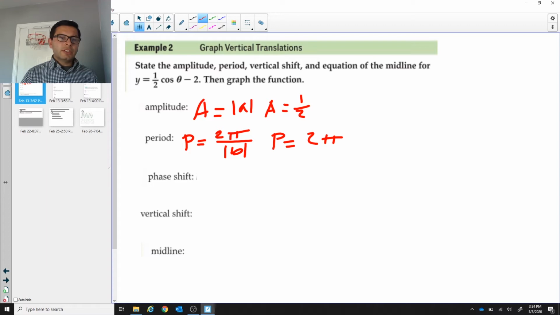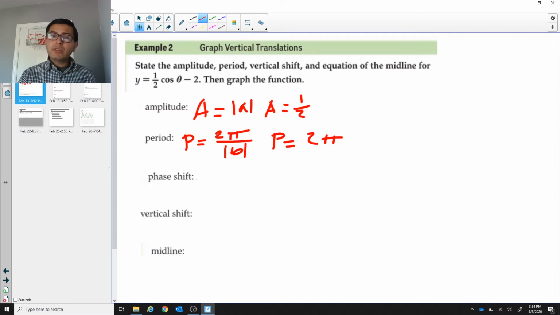Now, the phase shift is going to be based on what's happening on the inside of the cosine function. For instance, if I saw theta there, but I saw parentheses around it and then adding a number on the inside, I would say there would be a phase shift. However, there is nothing going on the inside.